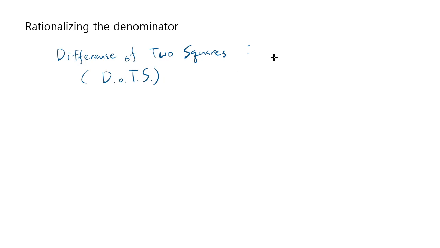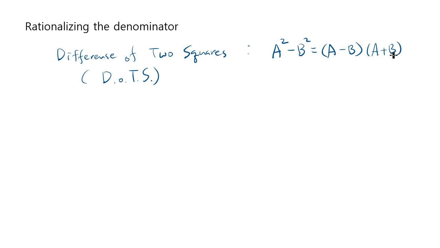Well, we use the following fact. There's something called the difference of two squares formula, which is, and this has a nice acronym, it's DOTS, dots. Okay, so the dots formula says if you have one thing squared minus another thing squared, that's the same as a minus b times a plus b.